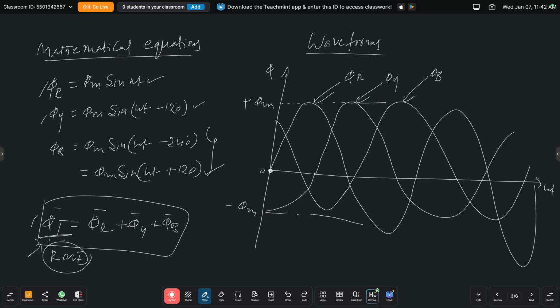Phi r is equal to phi m sin 60, and sin 60 means root 3 by 2. In the same way, substitute 60 minus 120 and phi m sin 60 plus 120.